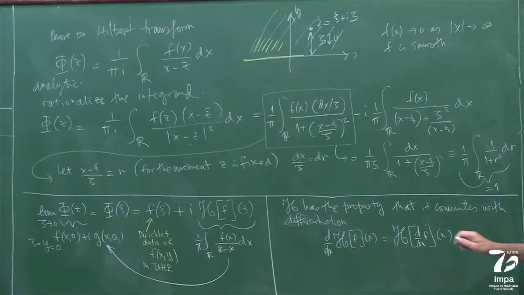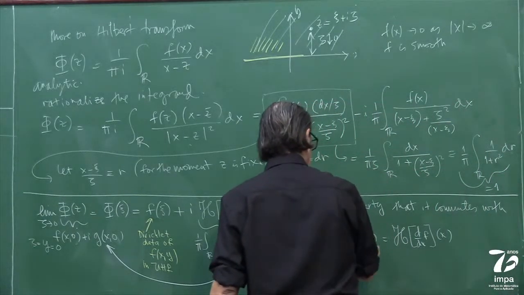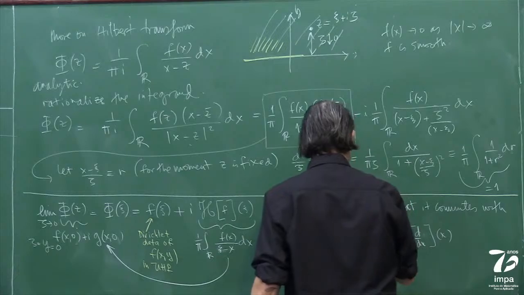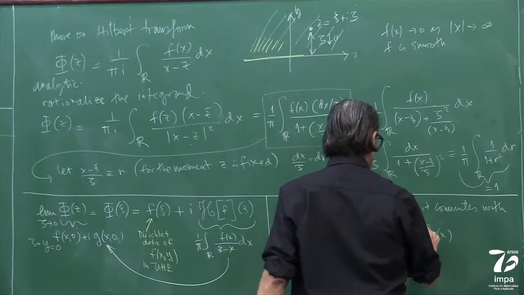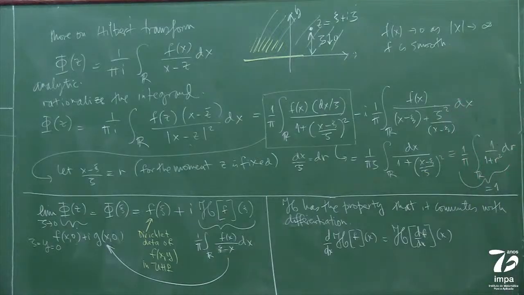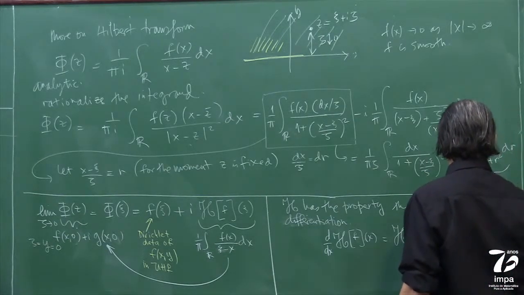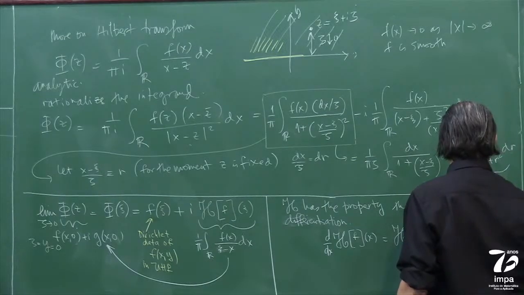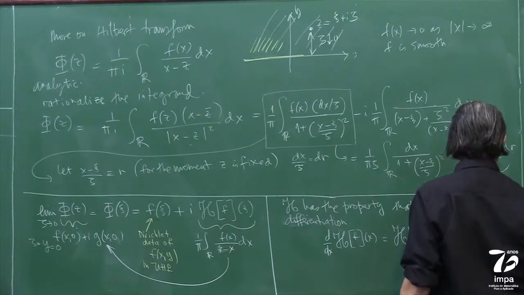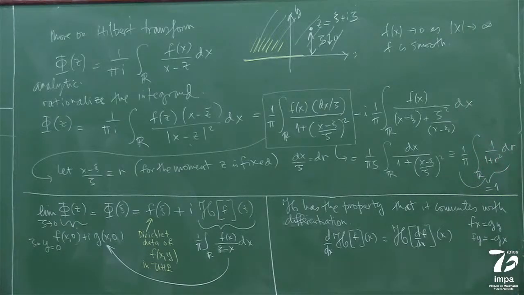Okay? Well, let me put a u here. Oh, okay, I can leave the f. And I'll change the notation from the notes. But look, we have that f of x is equal to g of y, and f of y is equal to minus g of x. Correct? Cauchy-Riemann equations. They're harmonic conjugates.